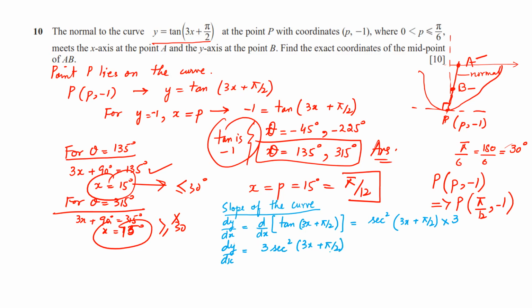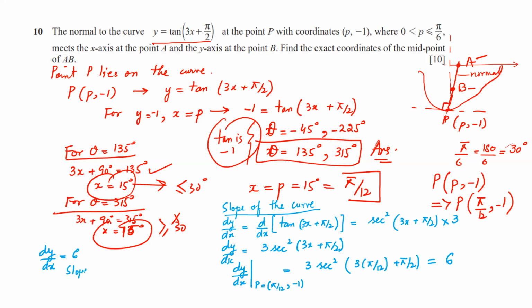So this is the derivative, so it's the slope, and dy by dx at point P, which is pi by 12 comma minus 1. So put in the values, x equals pi by 12, so 3 secant square of 3 into pi by 12 plus pi by 2. If you put in the values and do the square, this value comes out to be 6. So the slope of the tangent is 6.